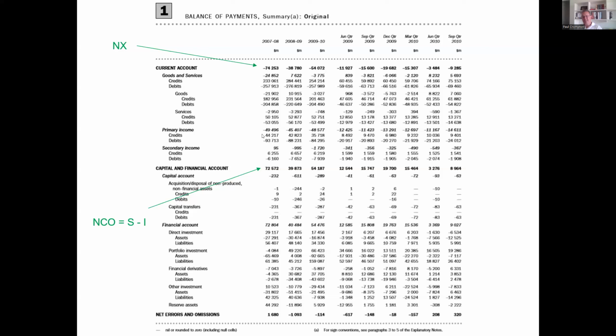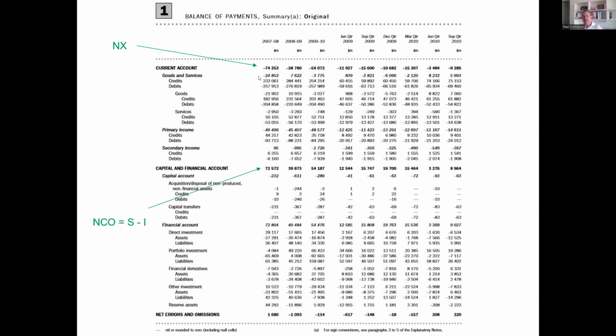So if you've got a variable that's not changing much over time, it's going to be really easy to explain why that's the case, and it's of little interest to us. Whereas the goods and services balance does fluctuate a lot. Just look at the quarterly data. You get big swings, but the primary income balance on a quarterly basis doesn't change that much at all. So that's why I want you to think of net exports, which is the same as the goods and services balance.